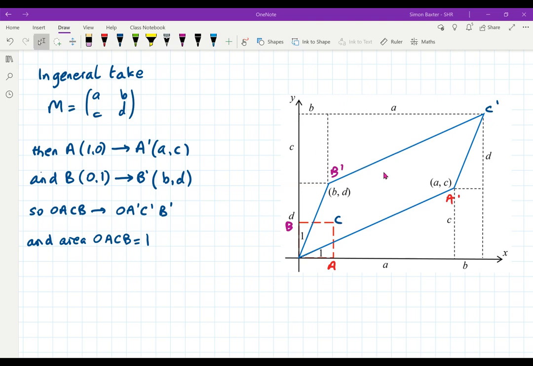So we can calculate the area of the parallelogram by taking the area of the rectangle and subtracting that rectangle, BC, and that one, this triangle, half AC, and that one, same thing, and this triangle, half BD, same thing.